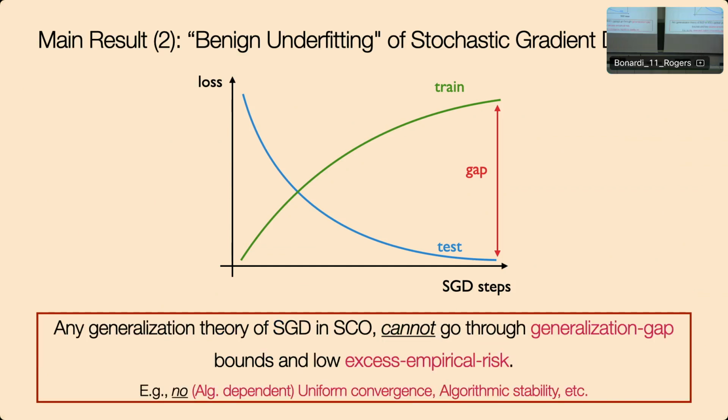A conclusion of that is that any generalization theory of SGD cannot go through bounding the generalization gap and train error. I mean, any approach that I showed before, like uniform convergence or algorithmic stability, will not work for SGD in stochastic convex optimization.